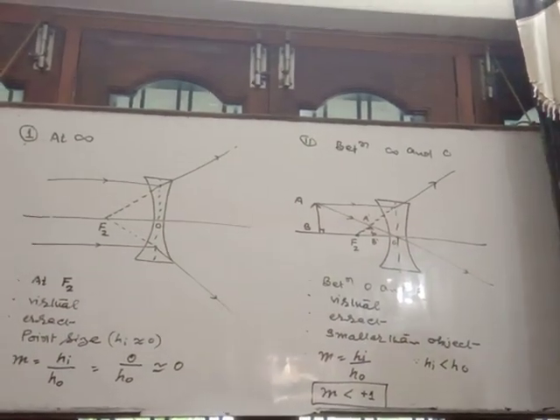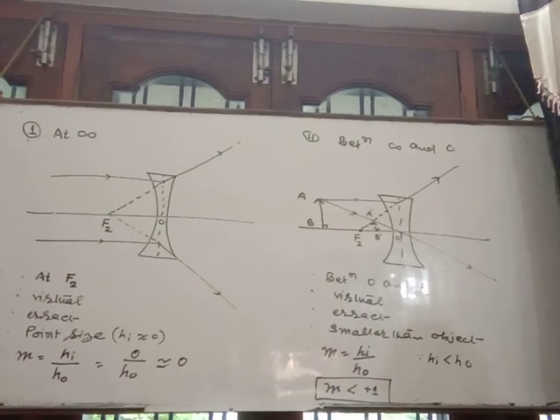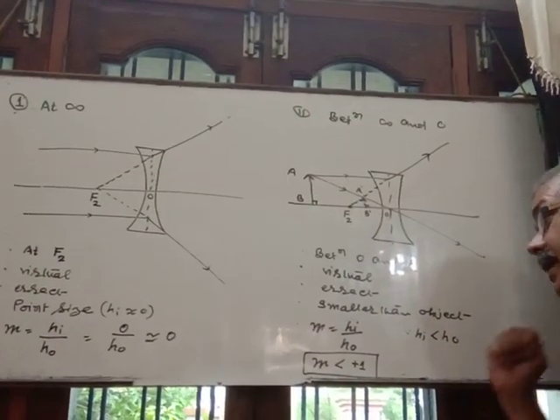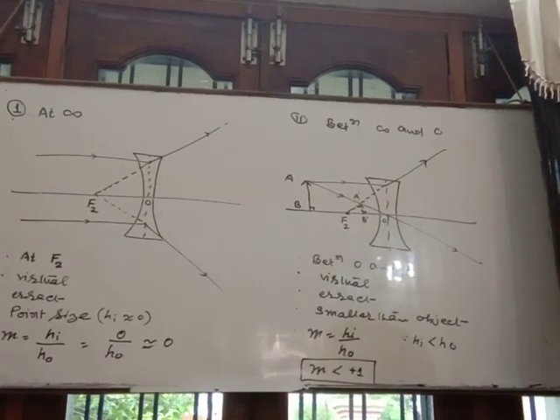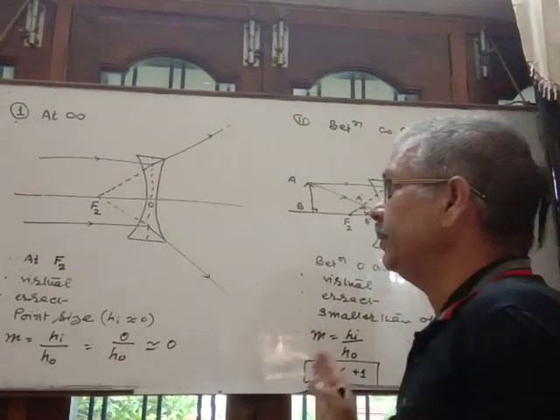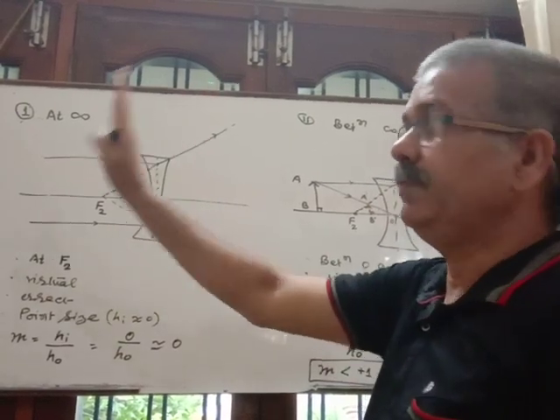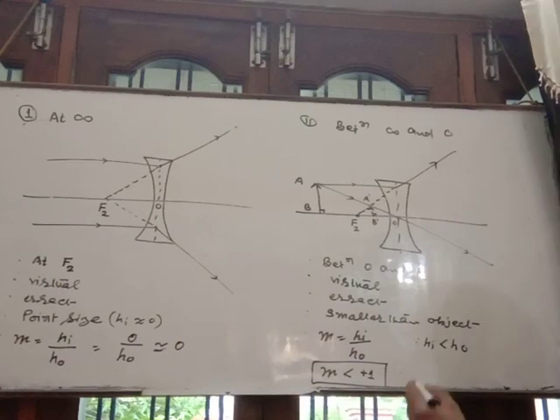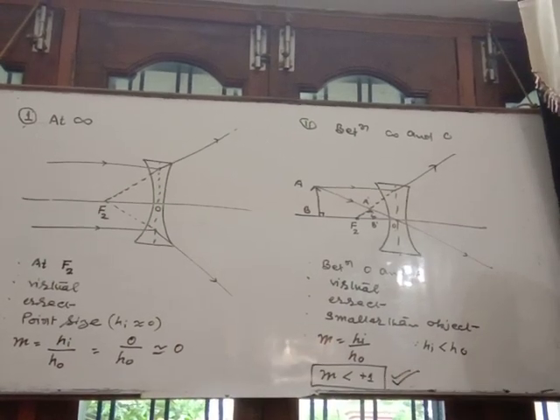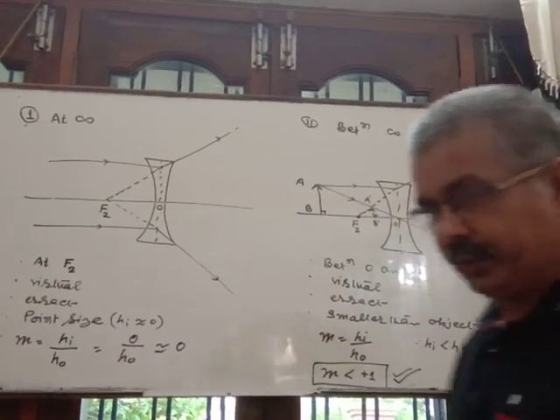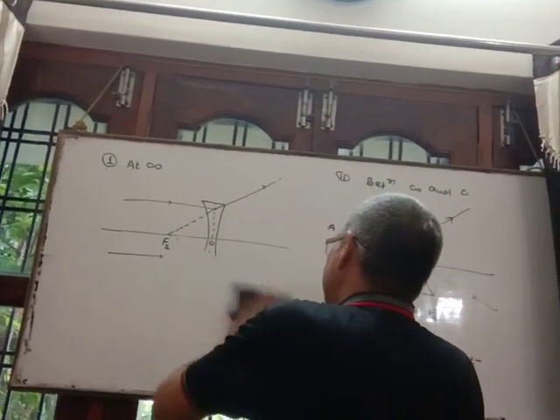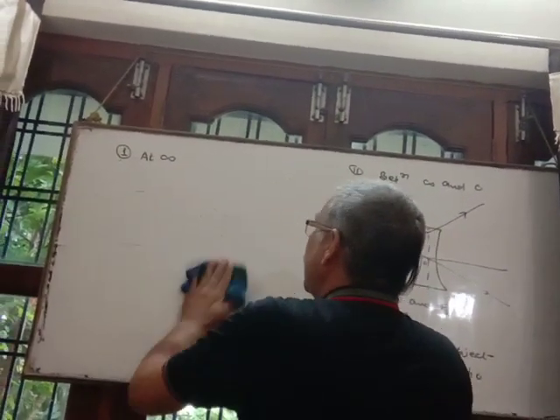Always erect, always virtual, always smaller than the object, and its magnification is always less than +1. When the object is kept between optical center and infinity, at any point, its magnification is less than +1. So that's about the image formed by a concave lens at different positions of the object.